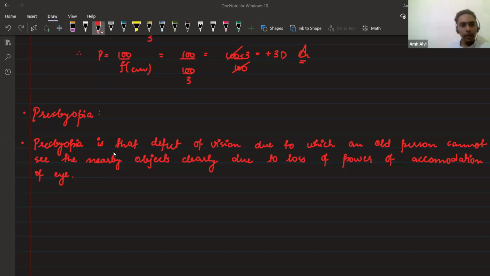Clear? So in presbyopia, the major loss is of nearby sight.